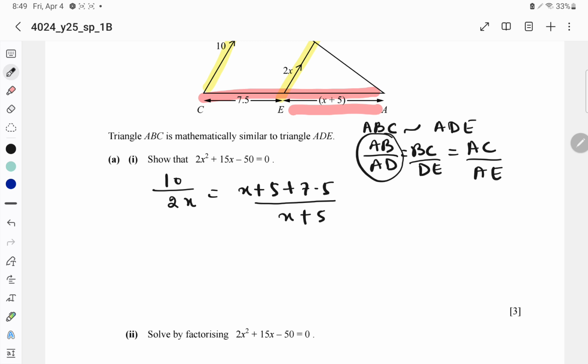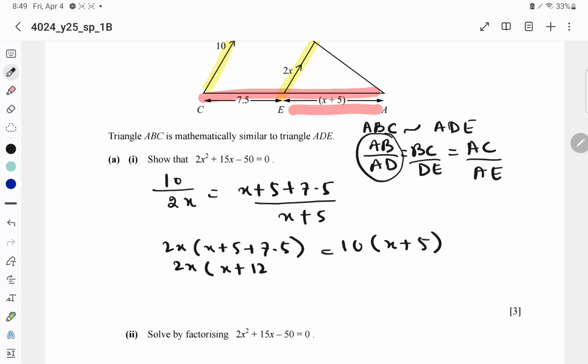So that is 2x times x plus 5 plus 7.5. Simplify first, x plus 5 plus 7.5 is becoming x plus 12.5. So 2x into x plus 12.5 is equal to 10x plus 50.